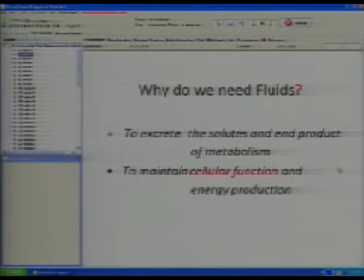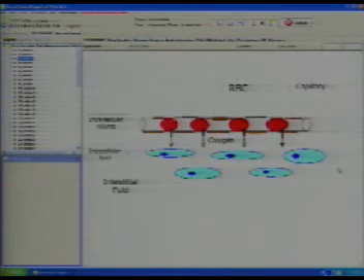That is, the substrates from the food that we eat in the form of glucose, fat, protein are transported through the bloodstream, as well as oxygen through the RBC, to the mitochondria in the cell to produce energy to sustain our life and for growth and development of our life.